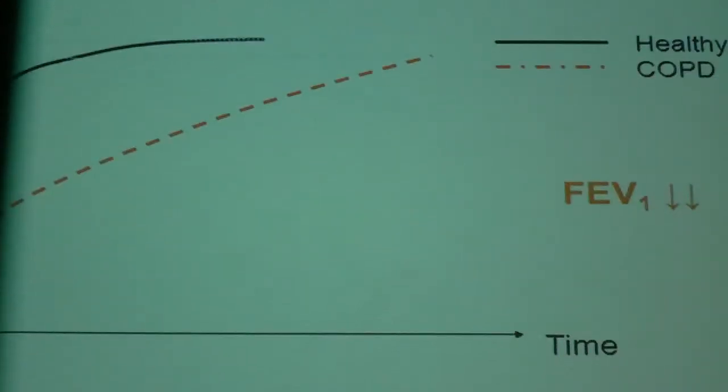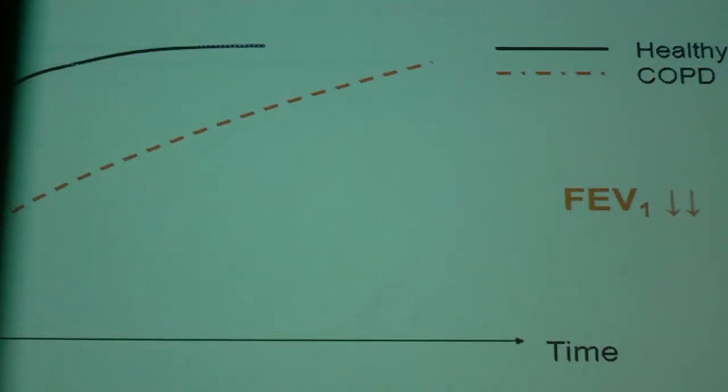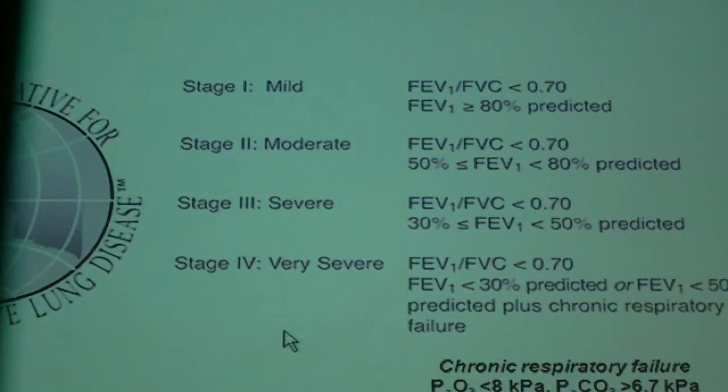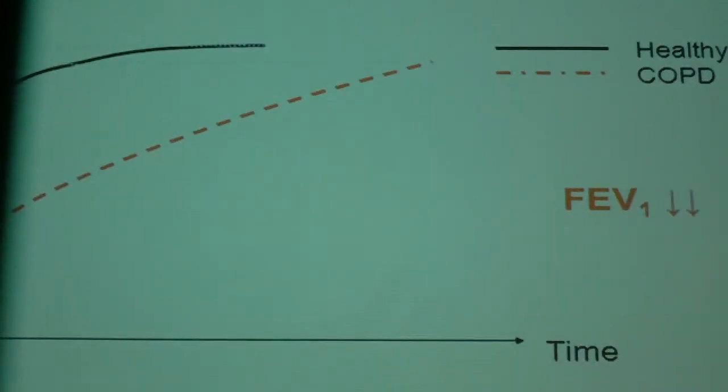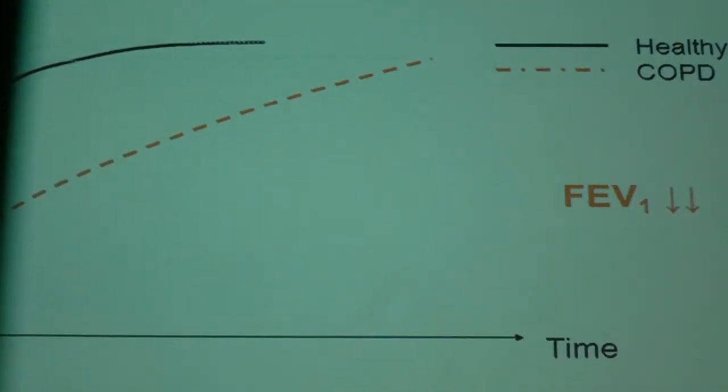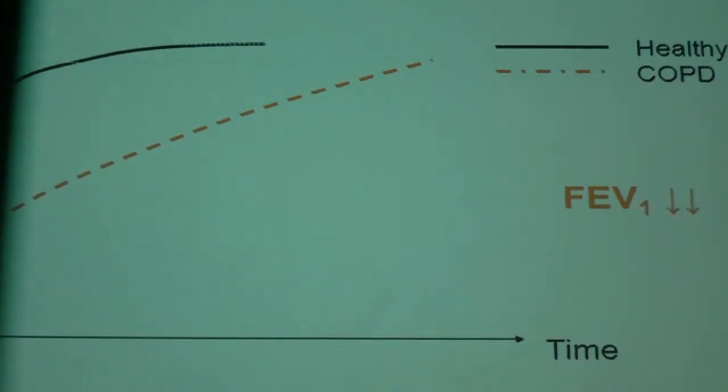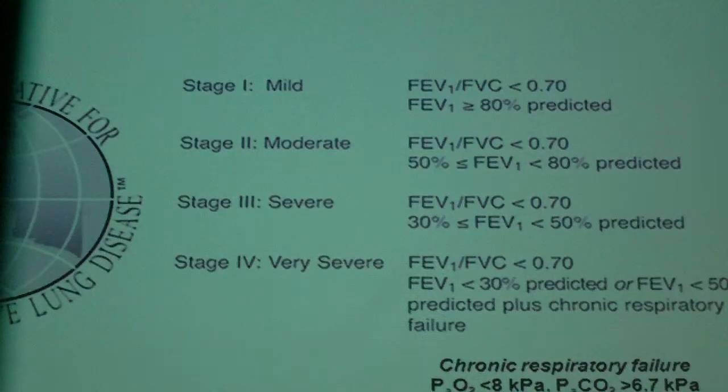And as you can see here as well, the lower the FEV1 is, the more severe the airflow limitation. And that's how the GOLD guidelines have assessed their grades of severity.